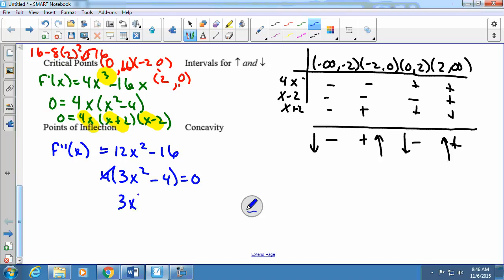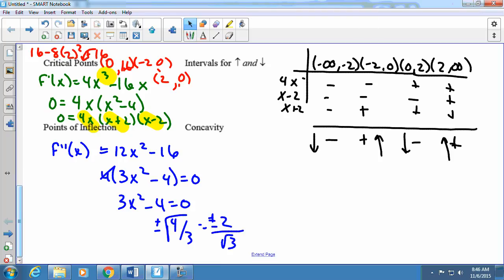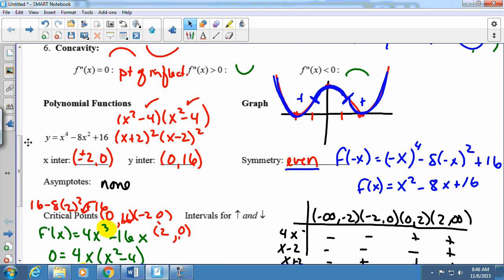So I only have this spot in which to concern myself with. Move the 4, divide by 3, take the square root. Don't forget there are two of them. The square root of 4 is 2, over the square root of 3, some value. It's equal to a value. In fact, I've noticed that those would be these two points on my curve, so they're between 1 and 2.